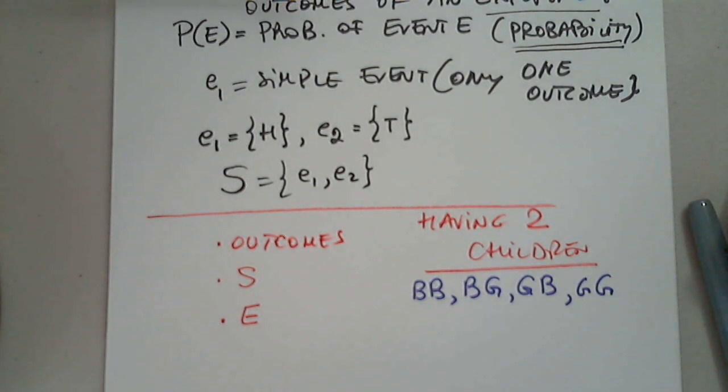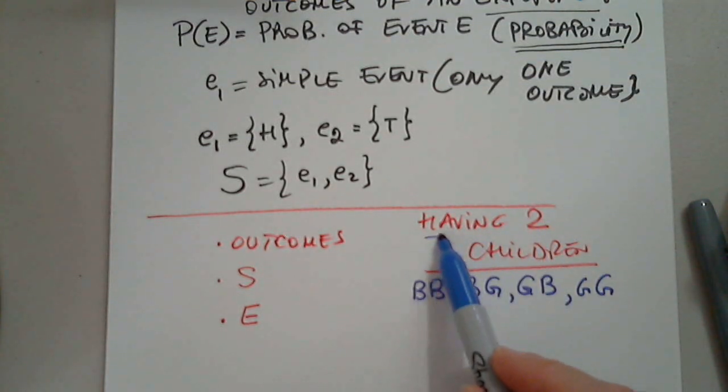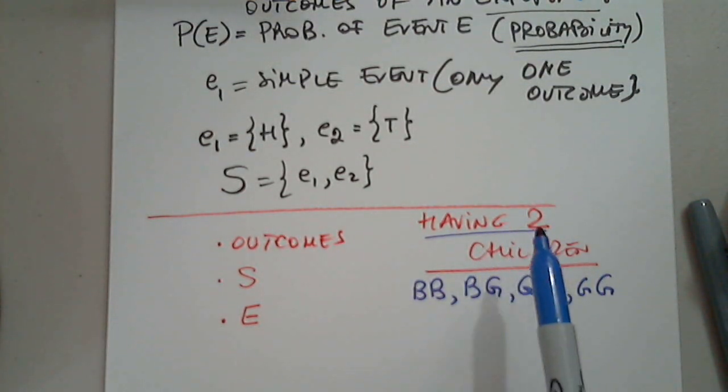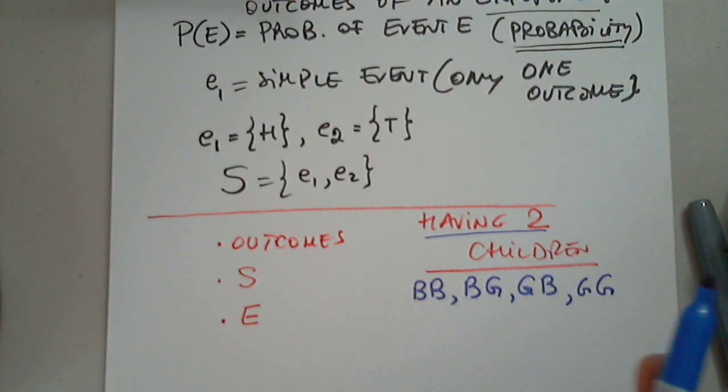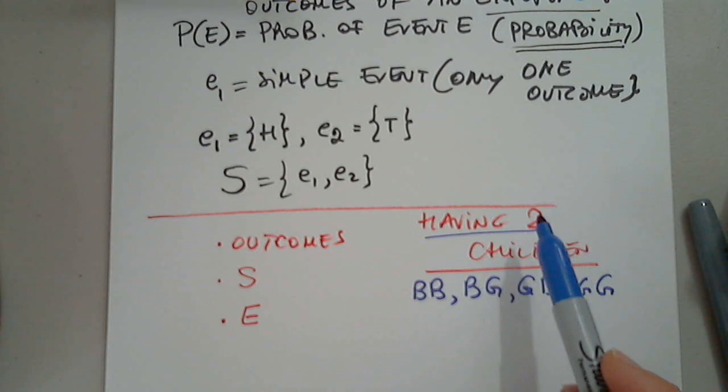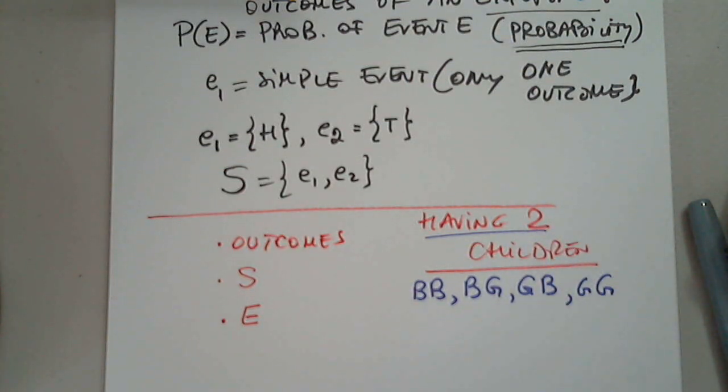There is no fifth possibility. Yes, you can say twins and other things, or triplets, etc. But let's assume that we are only looking at 2 children, not talking about twins or triplets. Just a simple experiment, and we remove everything else.